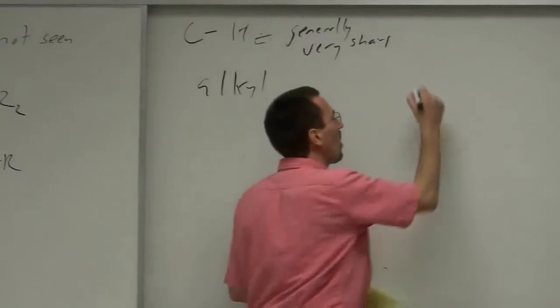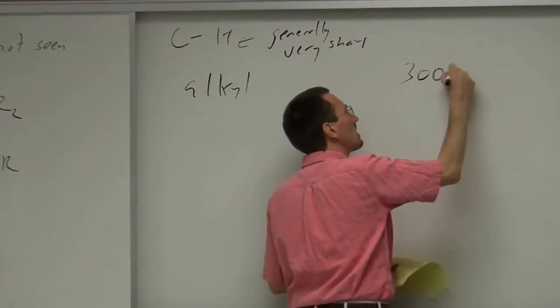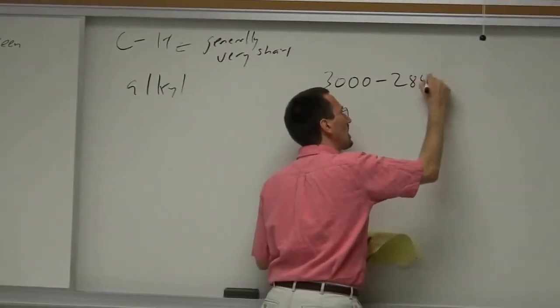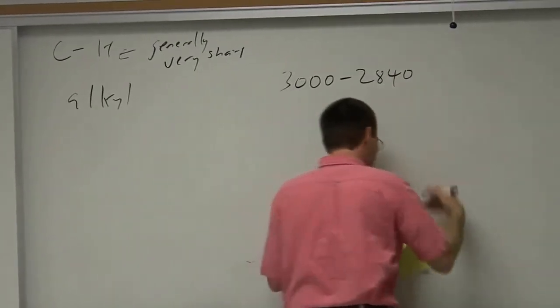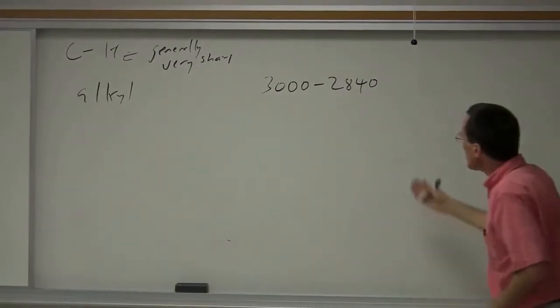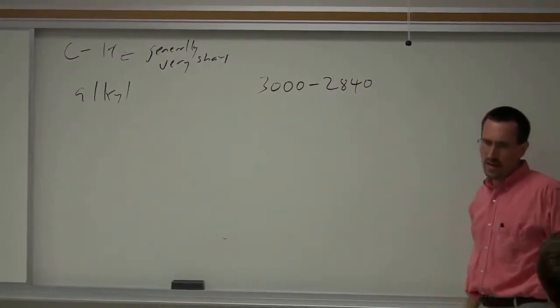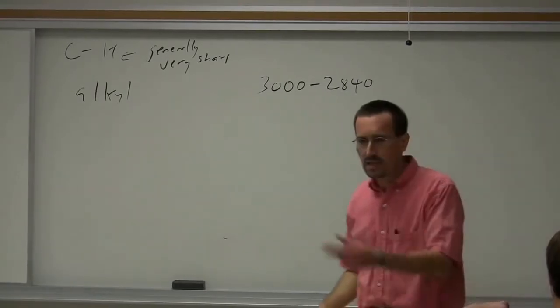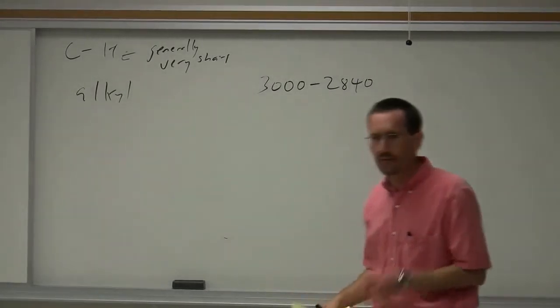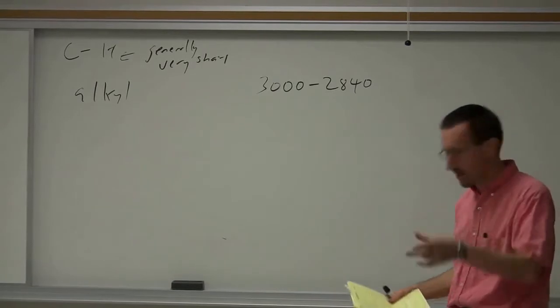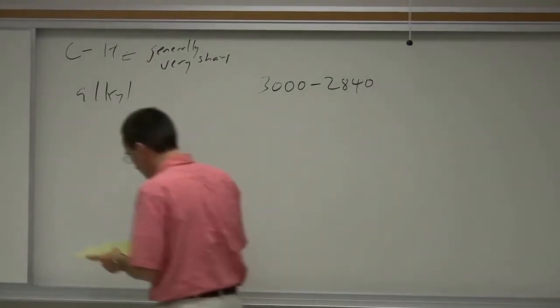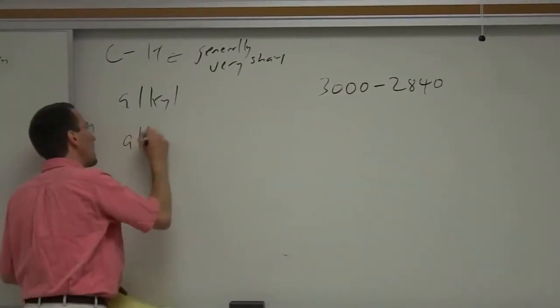But usually they fall between about 3,000 and about 2840 wave numbers. And if you're good, you really should be able to draw a line at about 2840 in the spectrum, because as I was saying, aldehydes can have little CH stretches and a Fermi resonance that can clue you in.